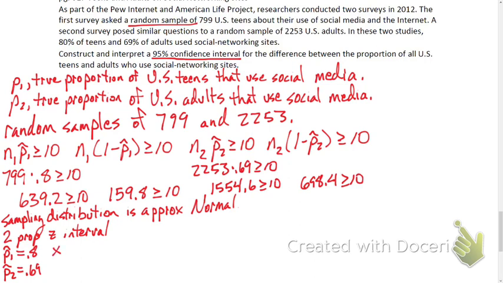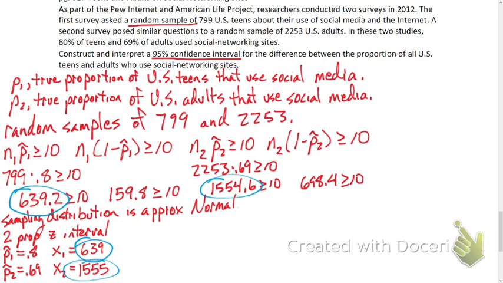As you see in the plan step, the number of successes was 1554.6, but we need to round because your calculator will not accept a decimal because it's discrete. I would round x2 up to 1555. So if you're lost where those numbers came from, look right there and right there and there.